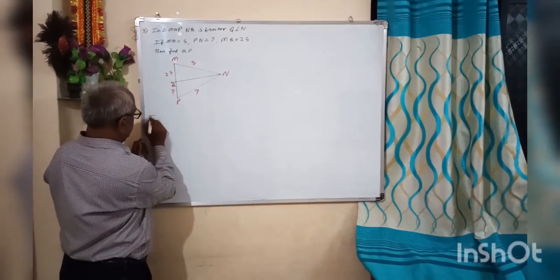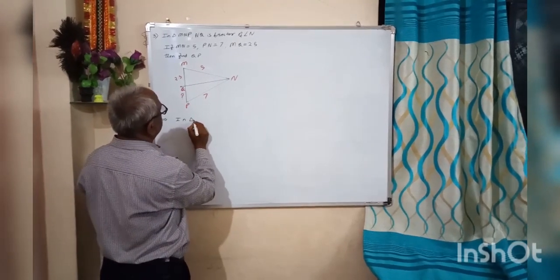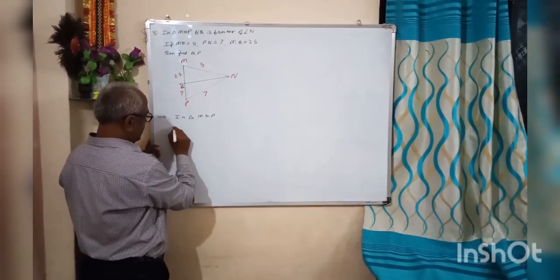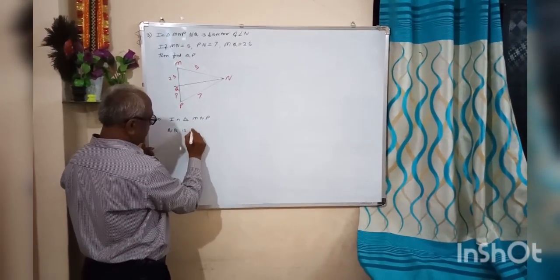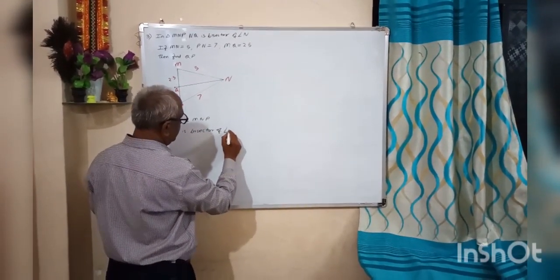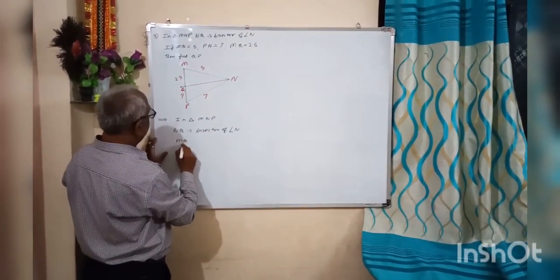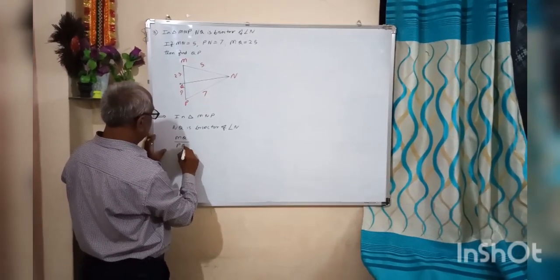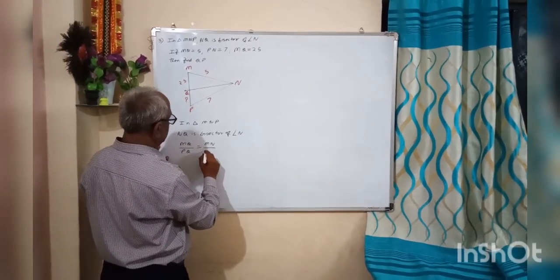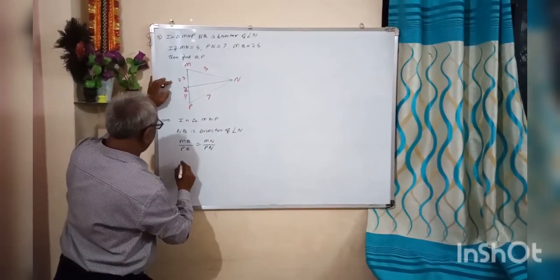Now, given in triangle MNP, NQ is the bisector of angle N. Therefore, MQ upon PQ is equal to MN upon PN. Now the MQ value is given, that is 2.5.